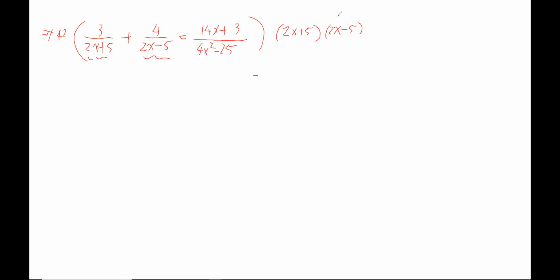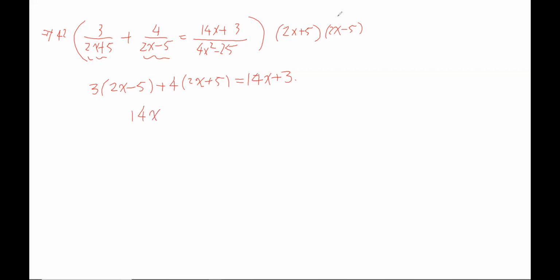If you do that, then what's the left-hand side? So you get 3 times, tell me, 2x minus 5, plus 4 times 2x plus 5. And the other side equal to 14x plus 3. Very good. Okay, we simplify this. So you get 6x plus 8x is 14x.